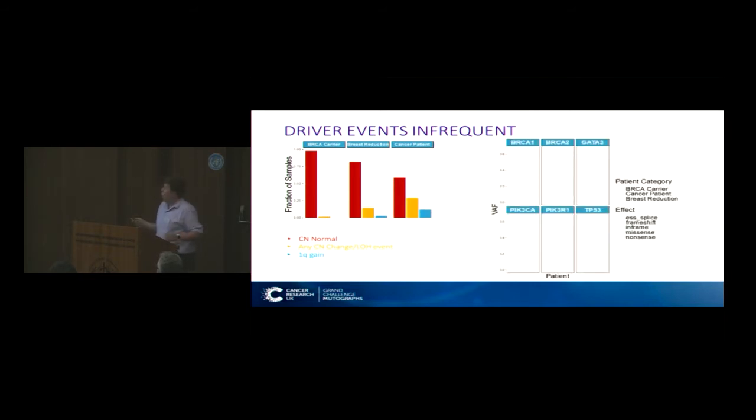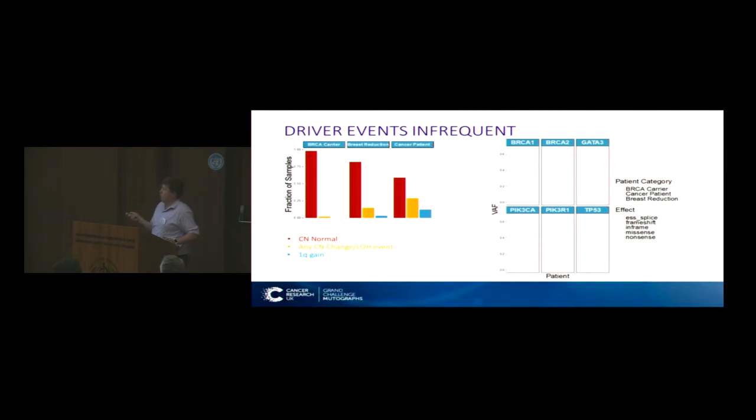Well, if there are a bunch of points on the poster, it would show you that there's not a whole lot of mutations in BRCA1 or BRCA2 that would be likely second hits. There are a whole bunch of mutations in PIK3CA, some in PIK3R1, so both PI3 kinase pathway mutations, and some P53 mutations as well.